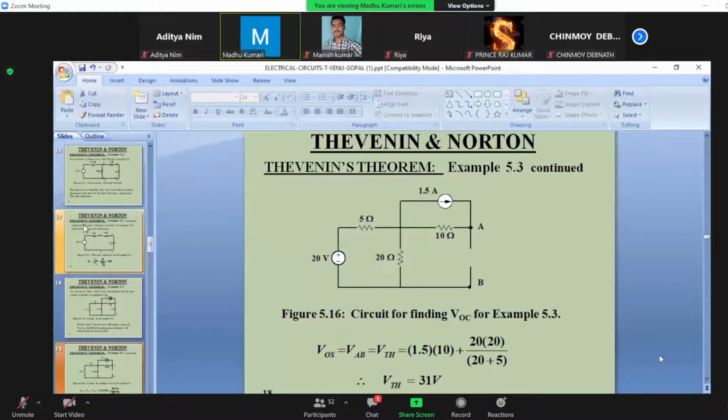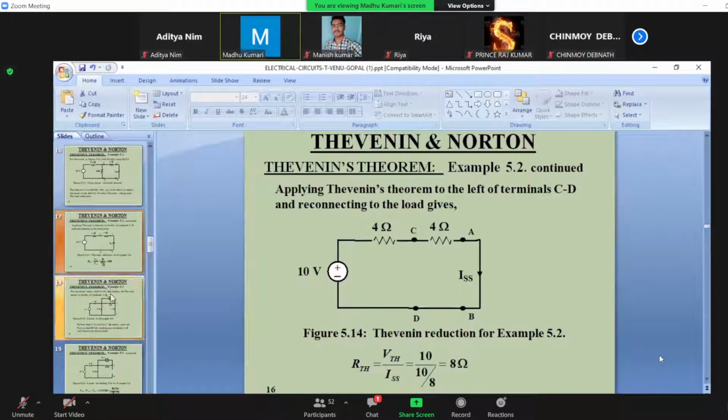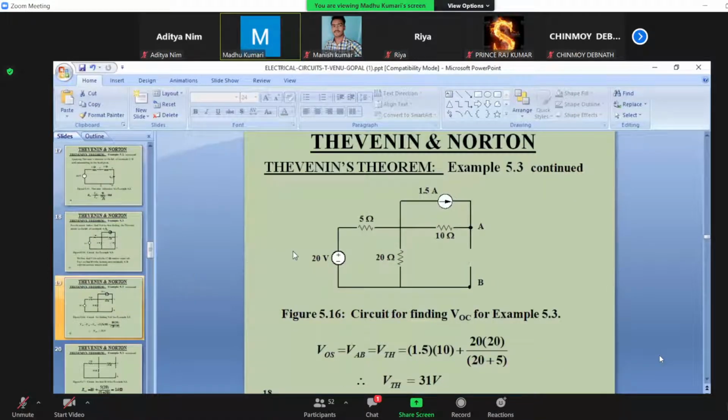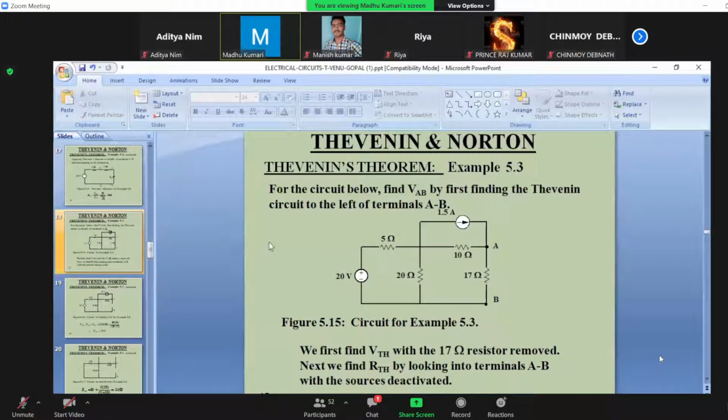Now, come to this point. This one is the second example. One is a voltage source and one is a current source.